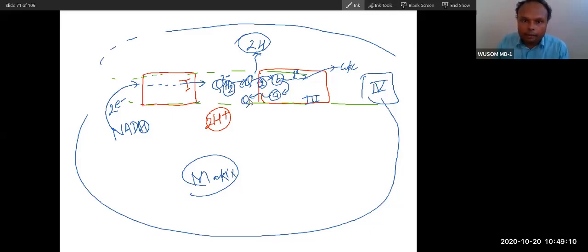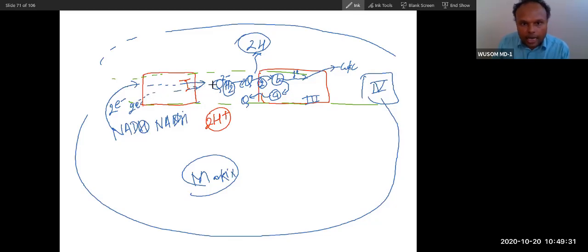Now if you see the same process happening, if the second NADH will transfer again 2 electrons, what will happen?